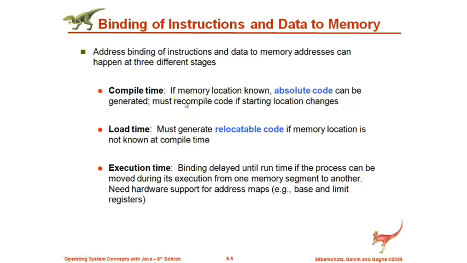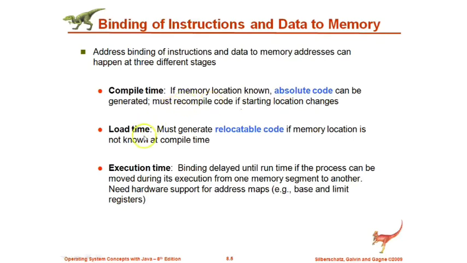For example, if you know that a user process will reside starting at a location R, then the generated compiler code will start at that location and extend up from that location. And if the starting location changes, then you must recompile that particular code.